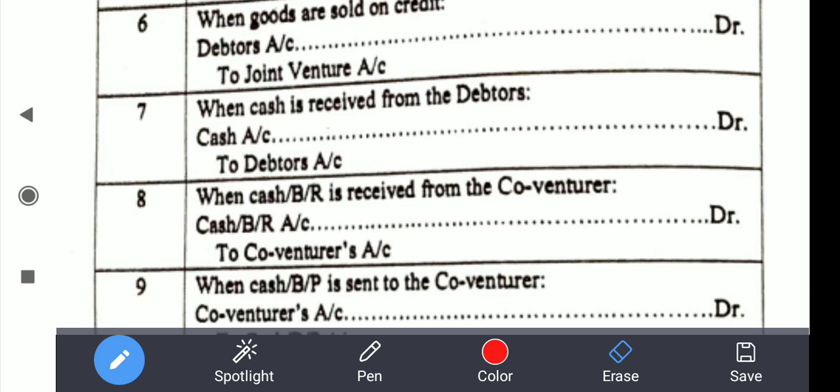Don't write cash or bank, because that sale belongs to credit. So you have to write only debtors account debtor to joint venture account.